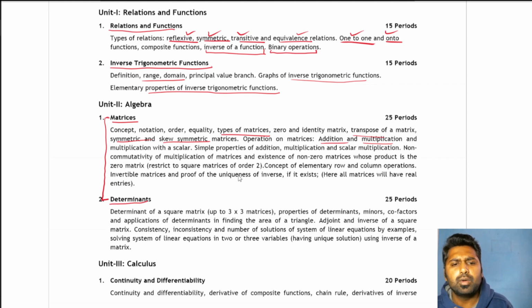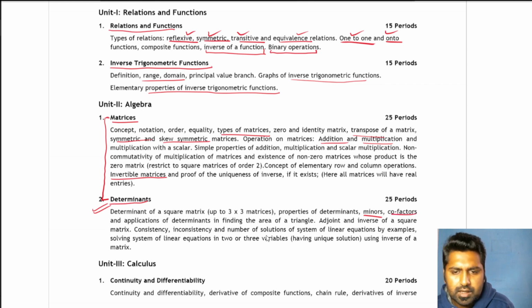And then we'll talk about invertible matrix or inverse of a matrix. As such, this is done here also, but more importantly, it will be done in this determinant chapter, inverse of a matrix.